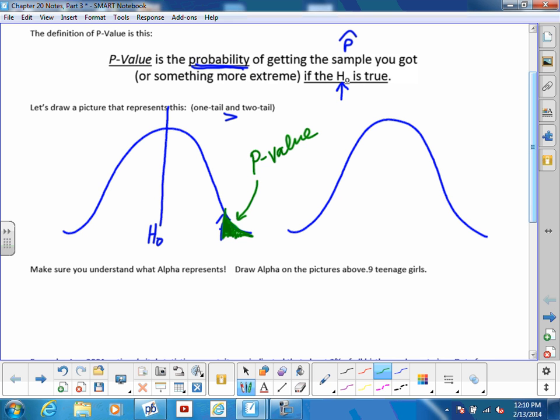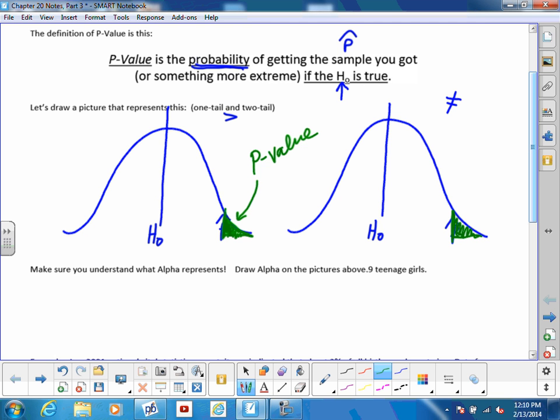Okay, so over here, a two-tail is going to happen when you have a not equal to problem. That means anything way high or way low causes you to reject the null. If in the problem you got a way high sample, you would get something like this. Of course, your p-value is getting your sample or something more extreme.